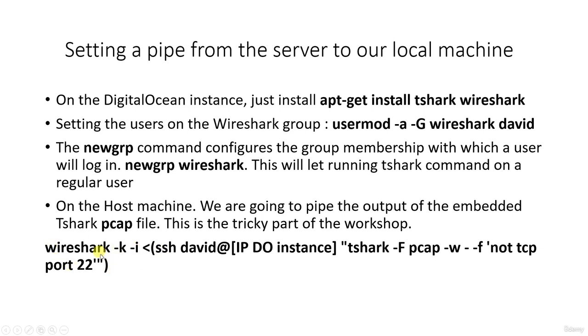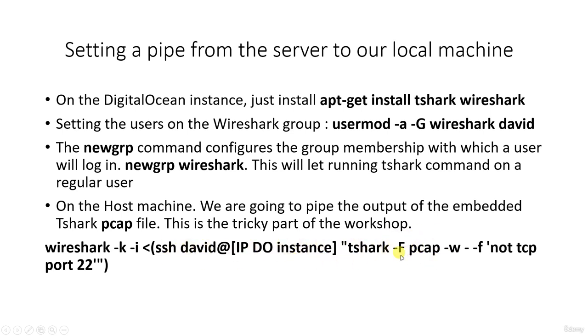So let me define it. Wireshark is the Wireshark command, as you all know, and -i is the interface, and -i is not necessarily a network interface. In this case, it's a live stream interface taking the output redirection, and then the command specifies T-Shark, as previously, with -f.